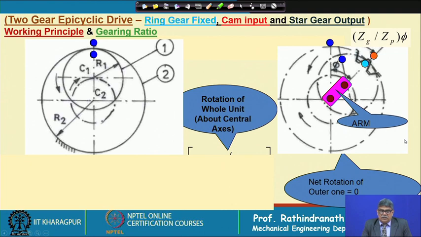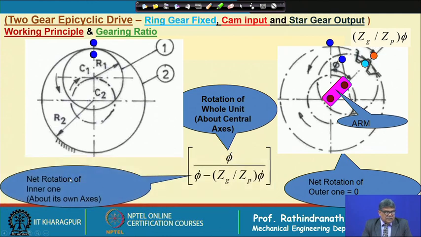So, the rotation of the whole unit about the central axis is phi, whereas the net rotation of the inner one is this much, because first it has rotated in one direction by phi, but now it has rotated in the opposite direction by an amount of number of teeth of the gear divided by number of teeth of the planet, into phi. It has rotated a further amount. So, this first rotation, the input rotation, is the arm, and the output rotation is this much.